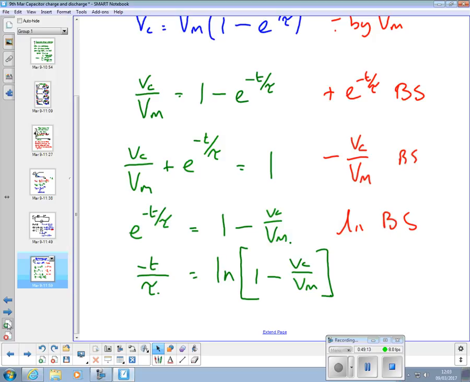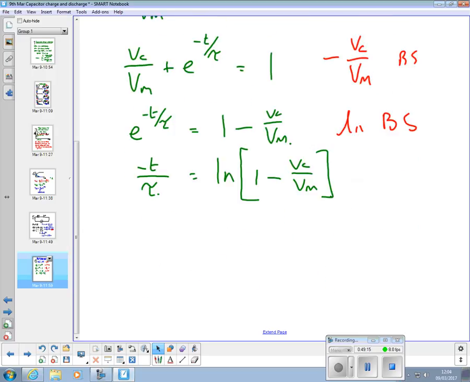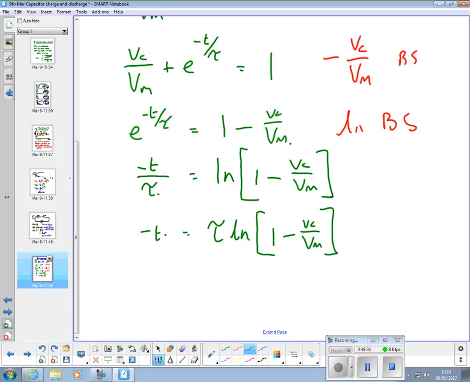Times everything by tau, or CR if that's what you want eventually. So we end up with minus t is equal to tau times ln of 1 minus little Vc over Vm, like so.